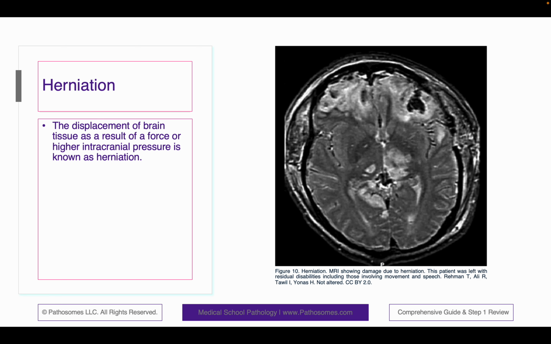And note regarding herniation, which we're going to talk about more now, herniation is the displacement of brain tissue as a result of a force or higher intracranial pressure, okay? That's a herniation. And you can see that in this MRI.